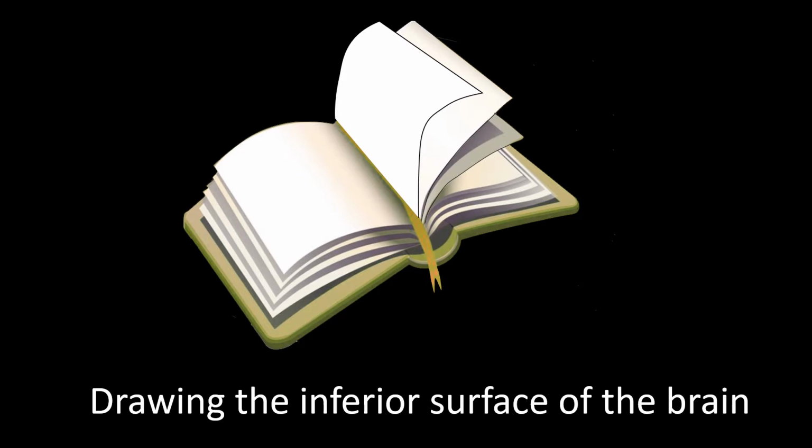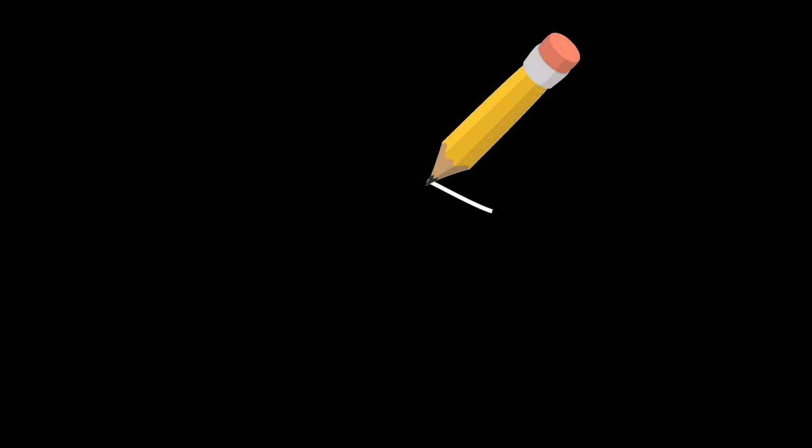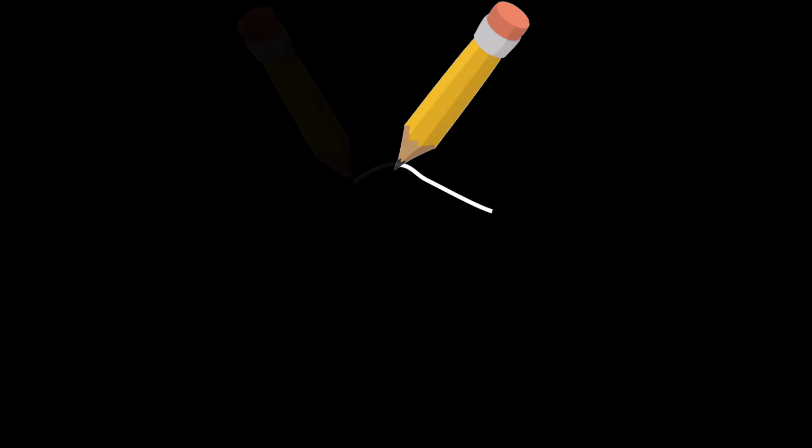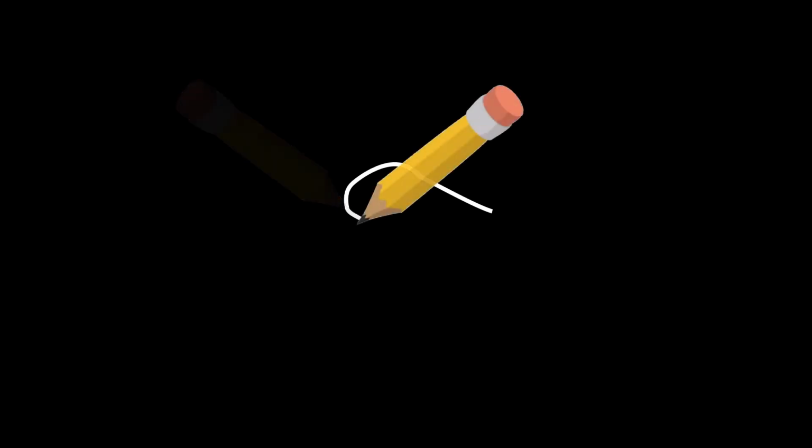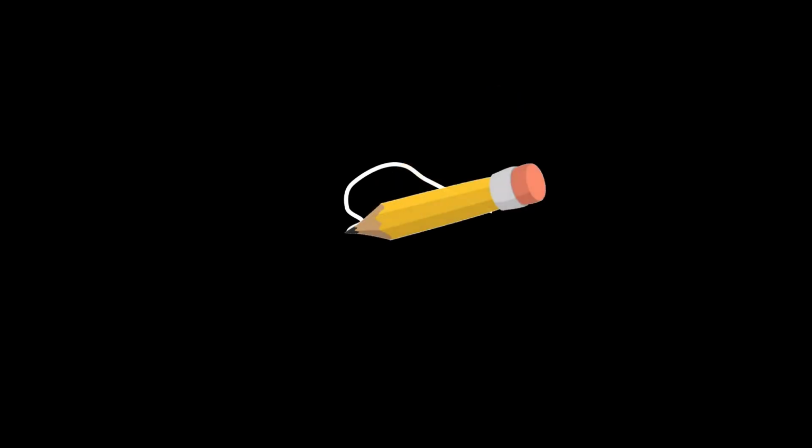So now we are going to draw the inferior surface of the brain. We start a little to one side in the middle of the page and draw a line up and up, and then curve it down and slightly in, as if to make a heart.